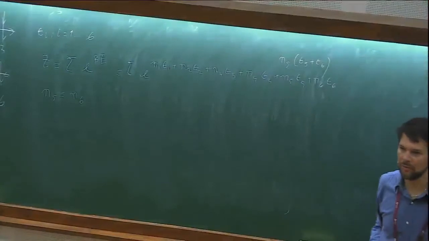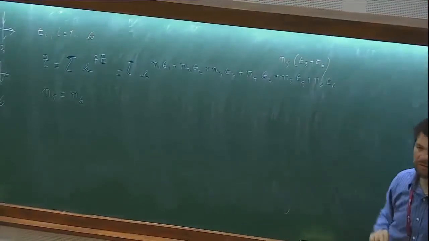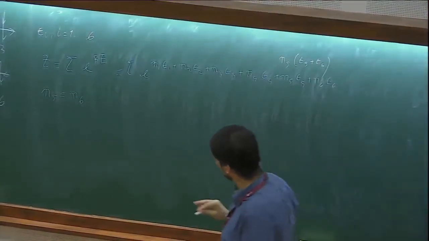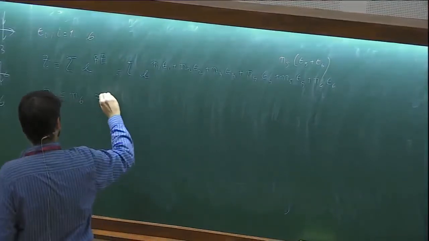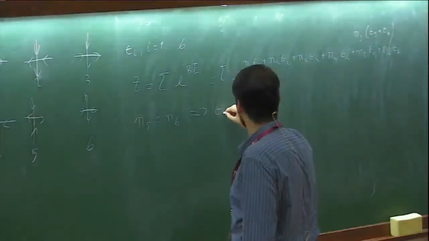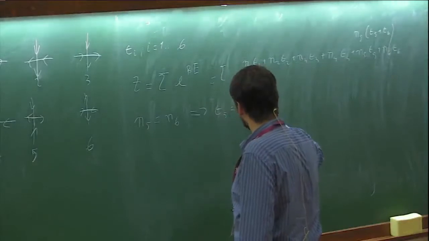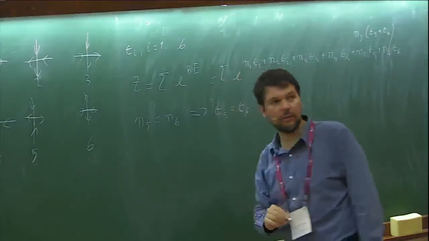So the only observable quantity is the sum of epsilon 5 and epsilon 6. So without losing generality, I can take these two energies to be the same.